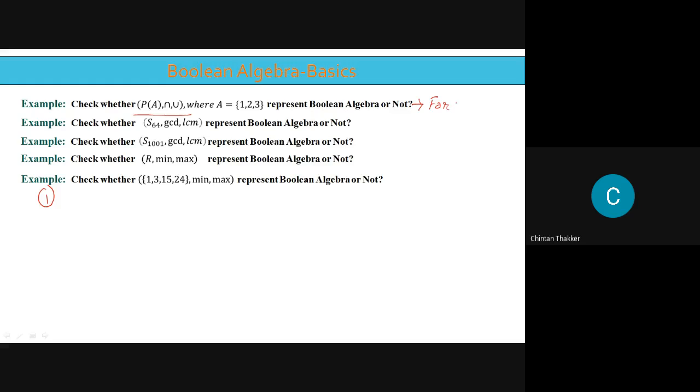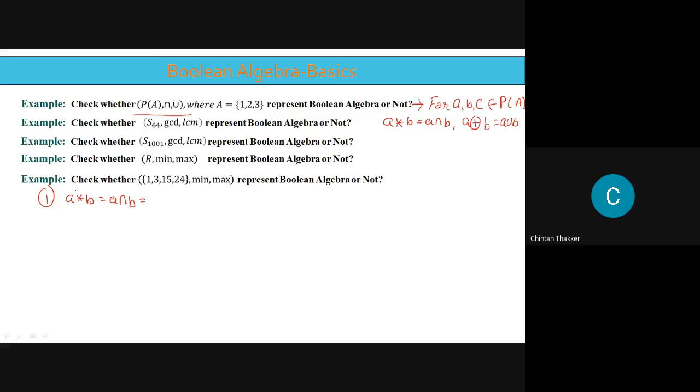for A, B, C belonging to P of A. You can write A star B as A intersection B, and A ring sum B as A union B. So for the commutative property, we have A star B, which is A intersection B. Now in an intersection, we know that the intersection of two sets remains the same and does not depend on the order of the sets.